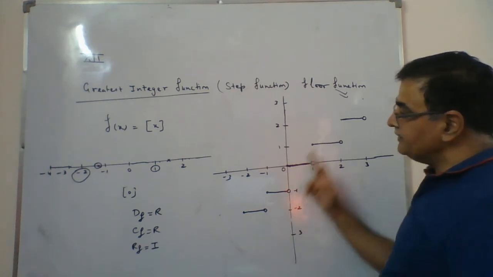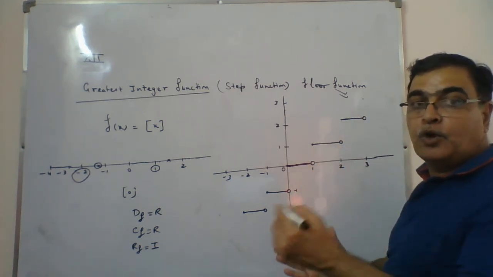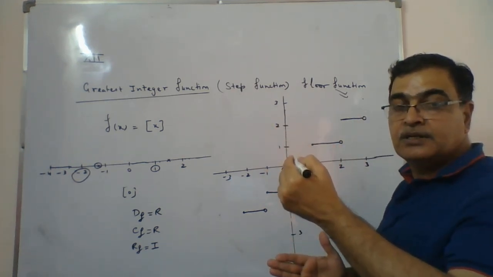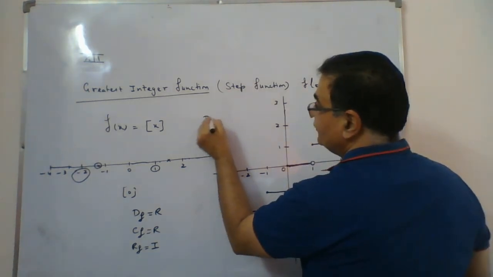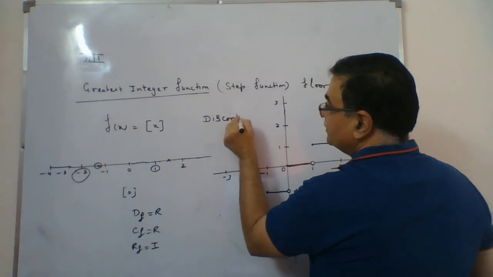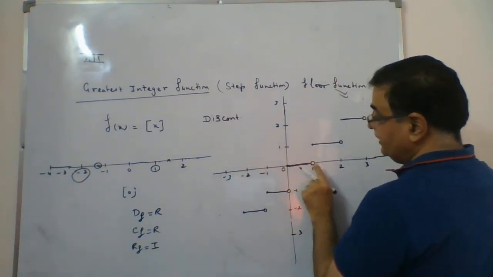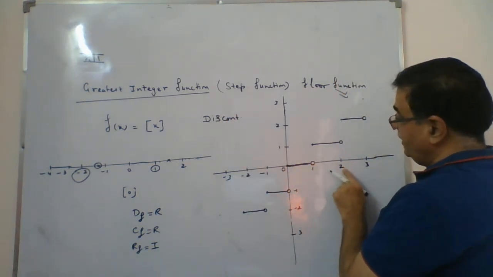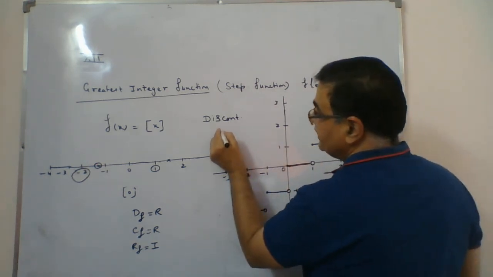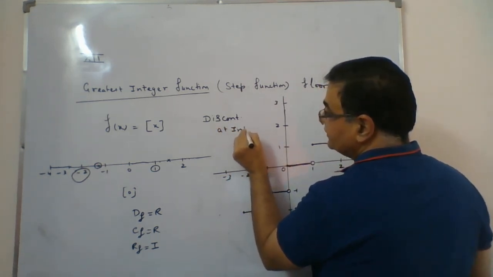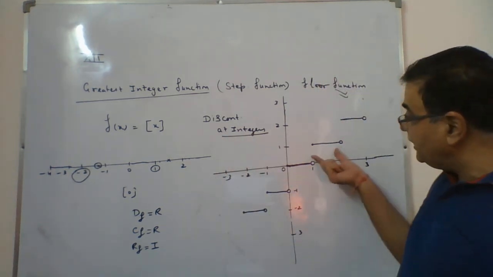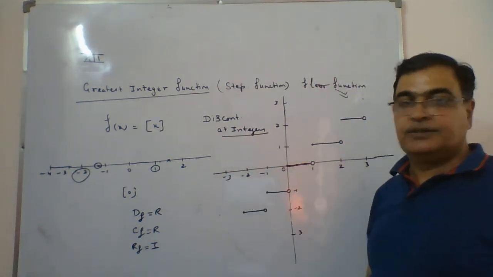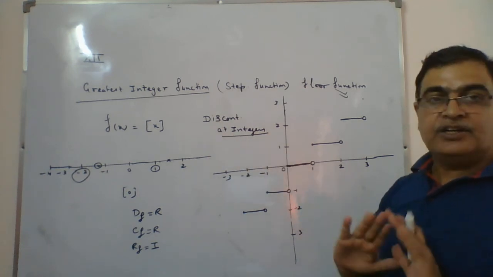This function is discontinuous. You can't plot these steps without lifting your pen or pencil, so it will be a discontinuous function. Where is it discontinuous, where is it going to break? At 1, at 2, at 3. So discontinuous at integers. That you should keep in mind. Between integers, yes, it is connected, but discontinuous at integers.